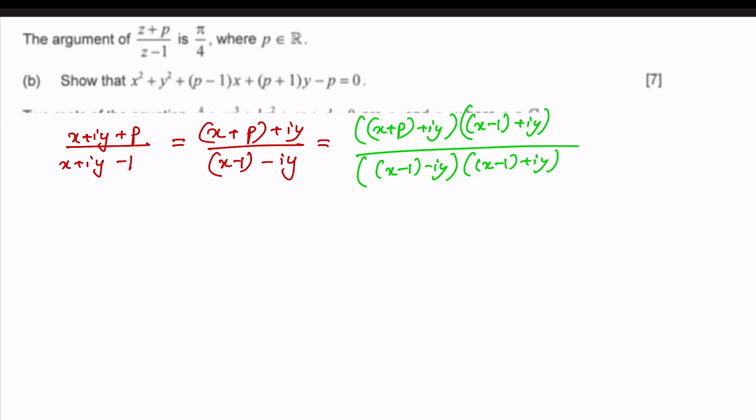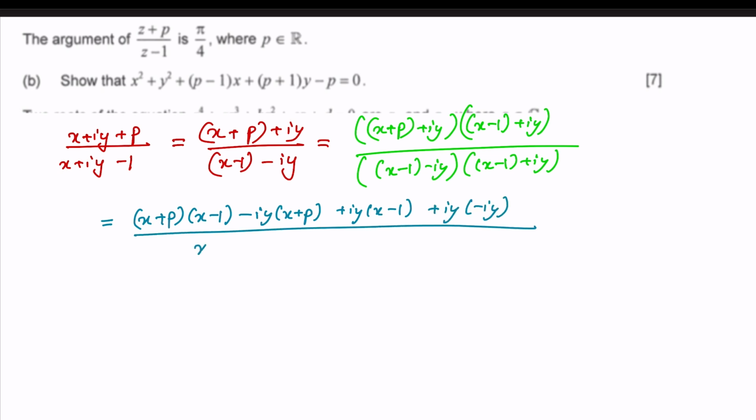Now if I simplify it further, I get (x plus p) times (x minus 1) minus iy times (x plus p) plus iy times (x minus 1) plus iy times minus iy, divided by the denominator, which becomes (x minus 1) squared minus (iy) squared. Okay.